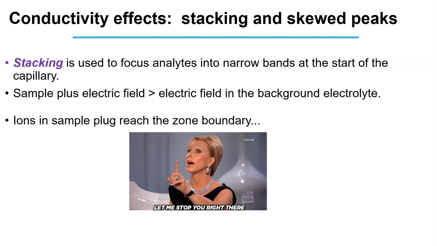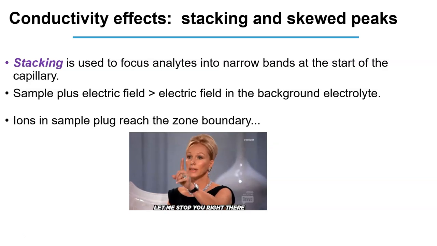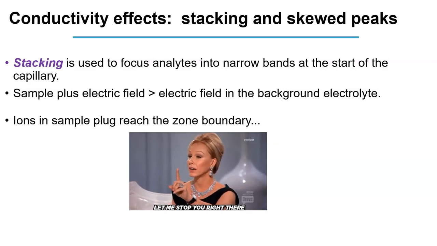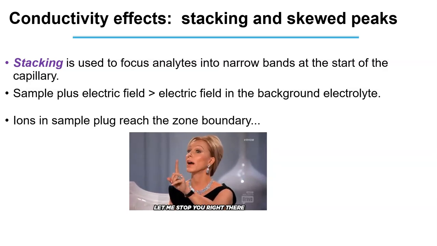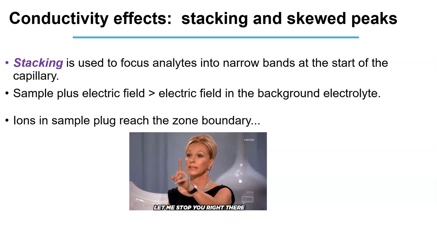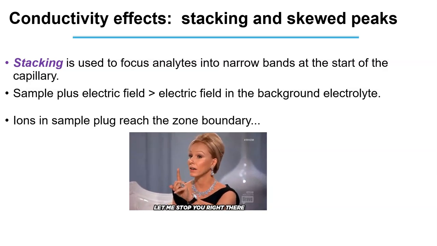So what you're doing here intentionally is that your sample is a higher ionic strength, so that when you apply the voltage across it, it has a higher conductivity. Then it hits the background buffer, which is just in the column. And because there is this boundary and this difference, all the ions actually, boom, kind of come to a stop.